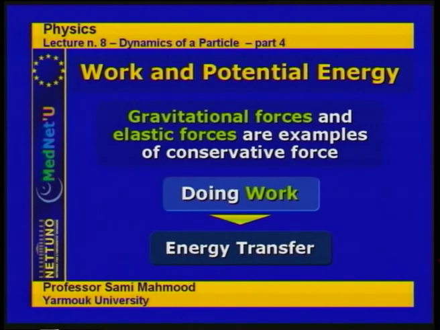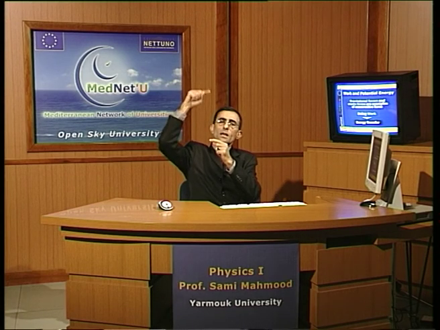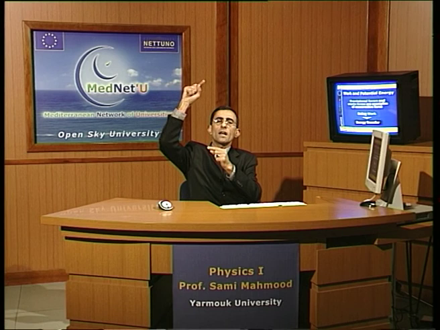Doing work leads to energy transfer, because as we mentioned previously, as an object goes upward under the influence of gravity, the gravity does negative work on it and it reduces its kinetic energy. So there is kinetic energy lost as the particle goes up, and the amount of kinetic energy that's lost is mgd.